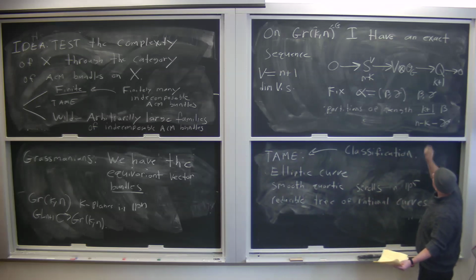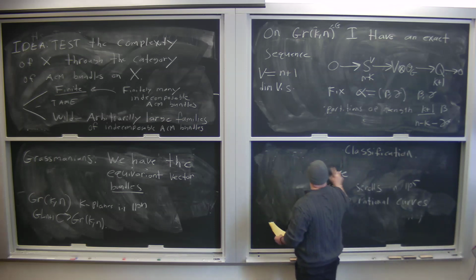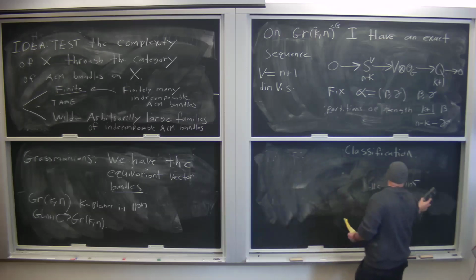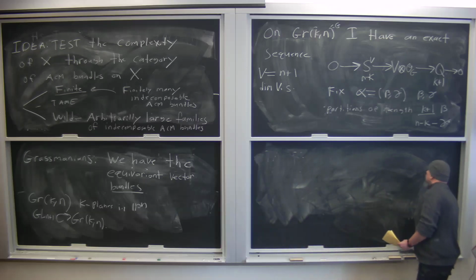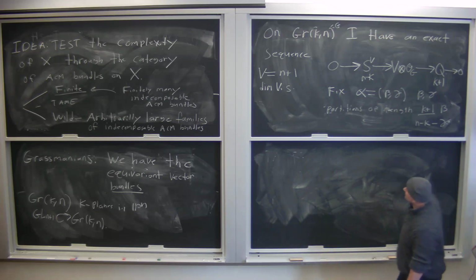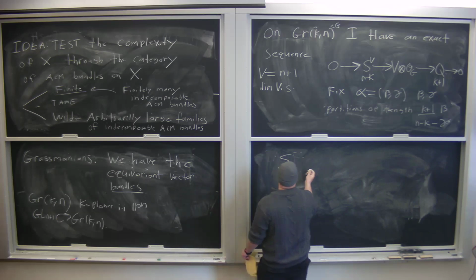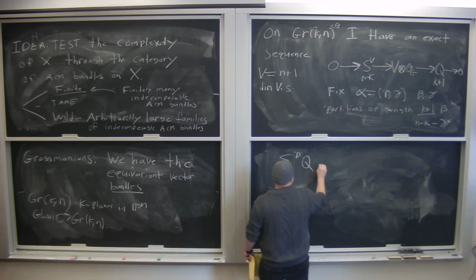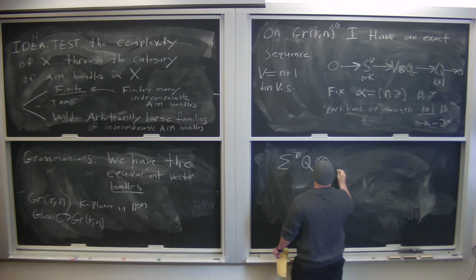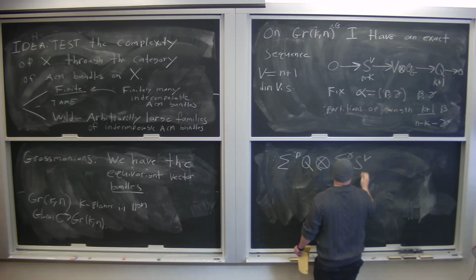And then all of the equivariant vector bundles, well, the indecomposable ones, are coming from taking Schur functors of these things. So let's take sigma beta of Q tensored with sigma gamma of S dual.